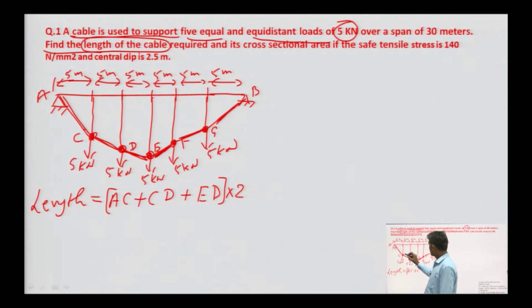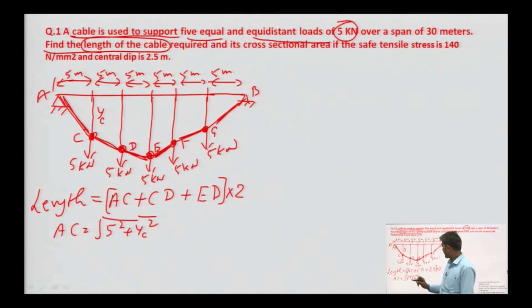The value of AC can be calculated if we have this value. Suppose this dip is YC. So, the value of AC will be under root of this horizontal distance 5 square plus YC square. If we calculate the value of YC, then the length AC can be calculated.